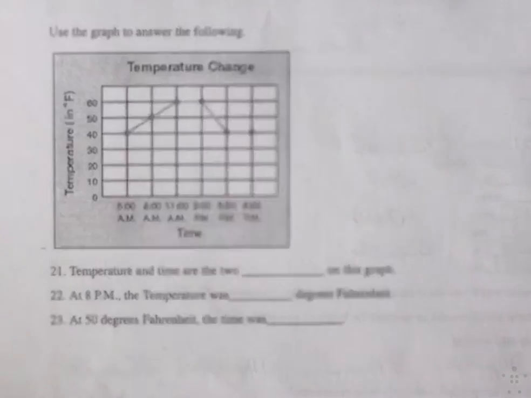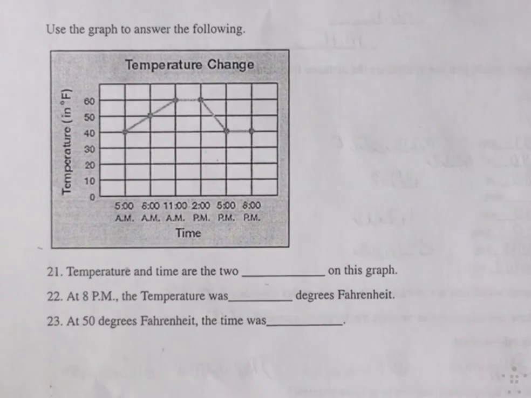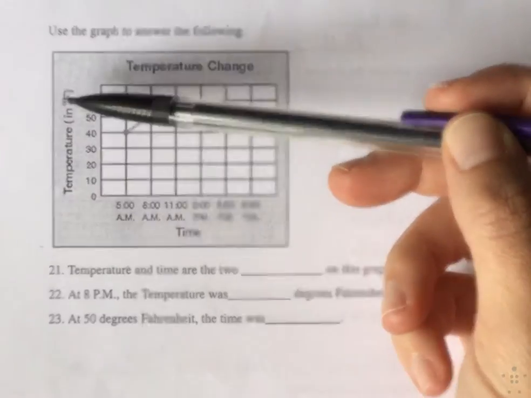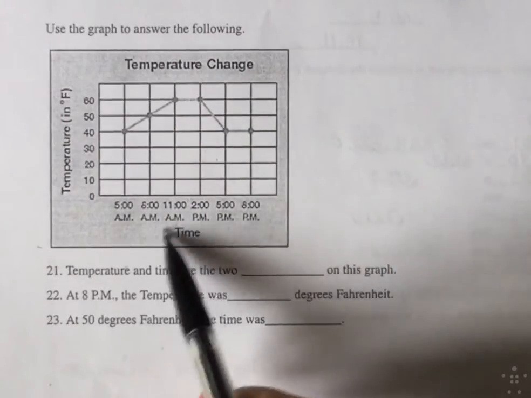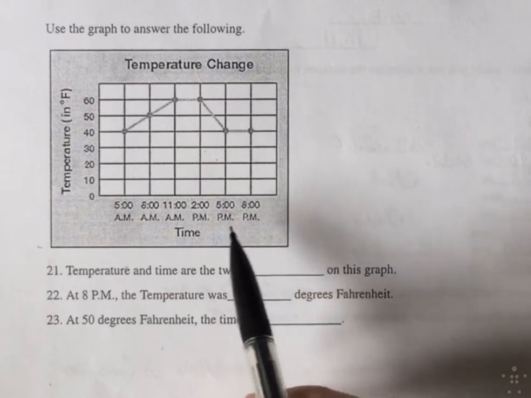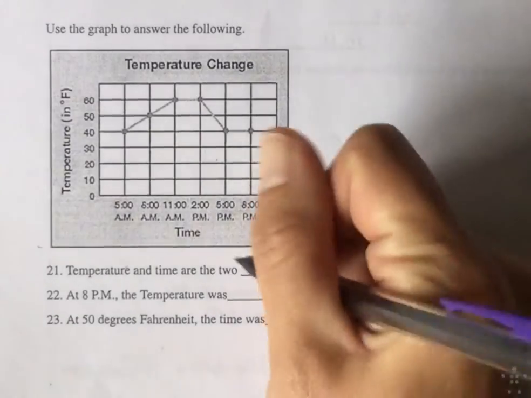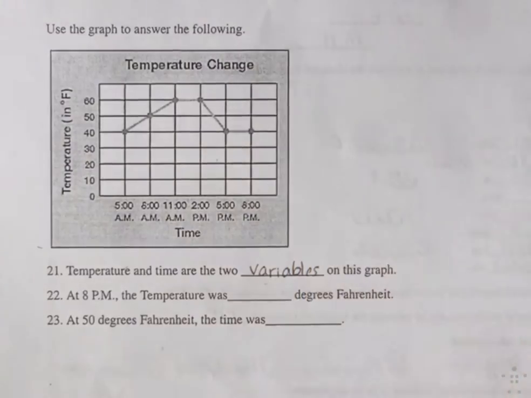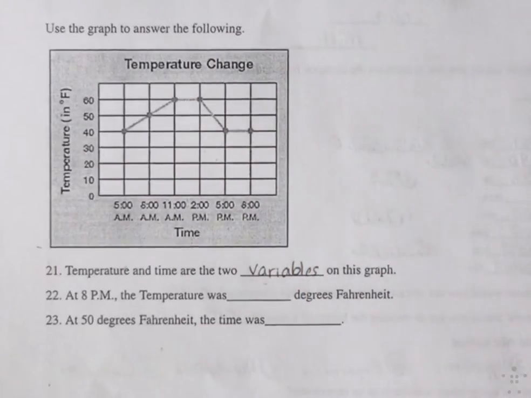Okay, using the graph to answer the questions. Number 21, temperature and time are the two blank on this graph. Well, if you look at where they are in the graph, temperature is up here where the dependent variable would go. Time is down here where the independent variable would go. The word that those two things have in common is variables. Number 22, at 8 p.m. the temperature was blank degrees Fahrenheit.